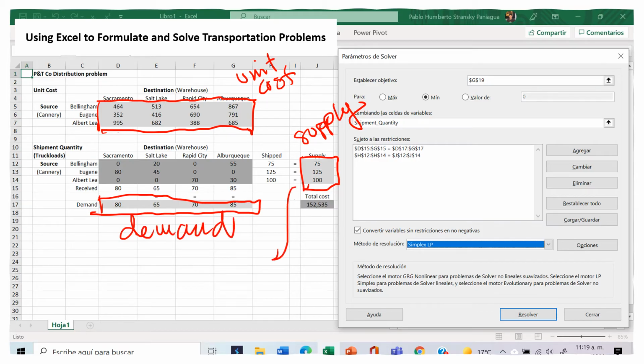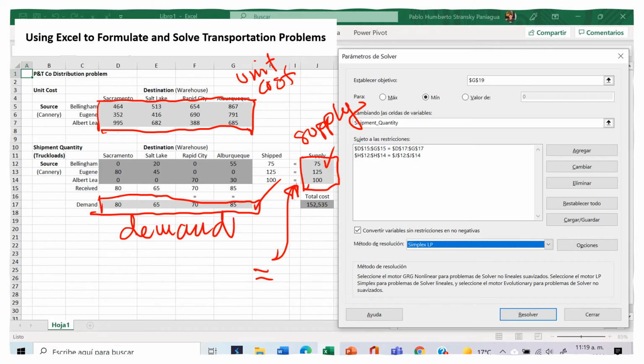One main difference, if you see, is that here we're not using the less-than-or-equal sign, we're using the equal sign. That means we need to send exactly this supply, and we need to satisfy exactly this demand. We cannot have fractions here.